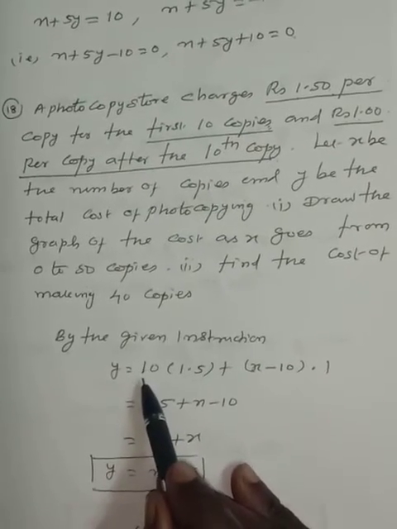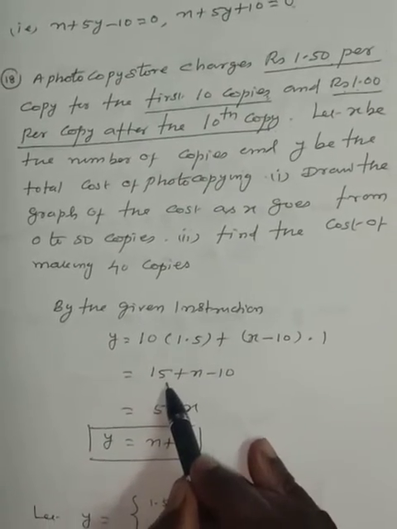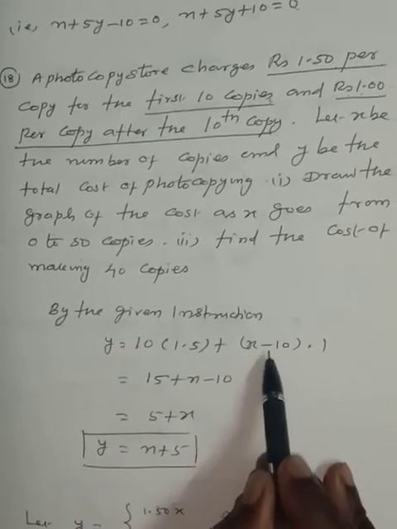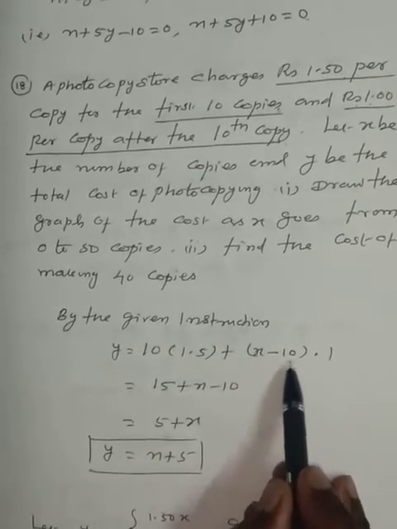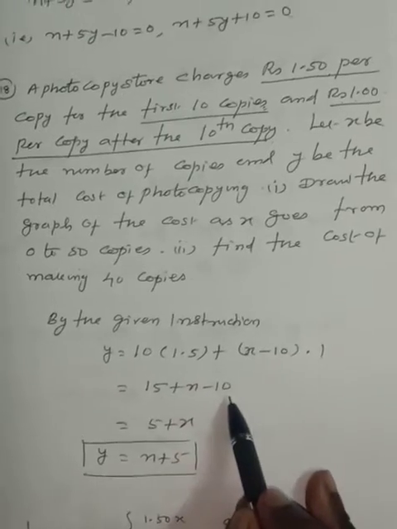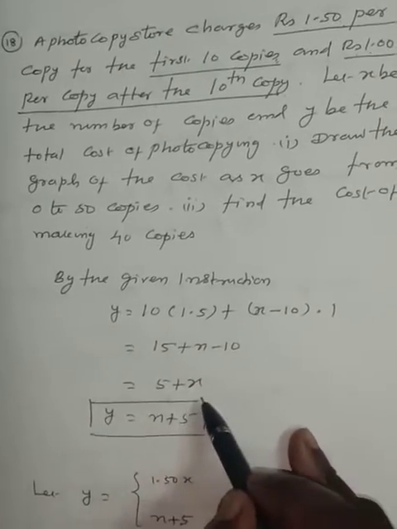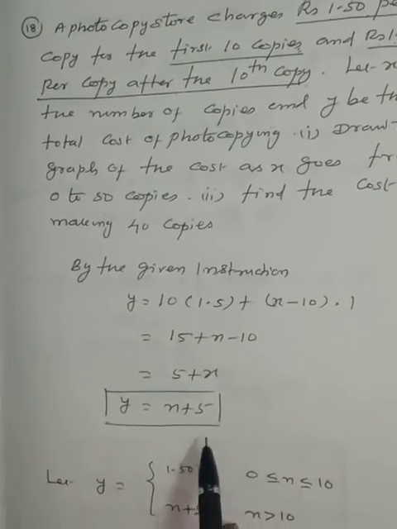Now 10 into 1.5 is 15, plus x minus 10 into 1 is x minus 10. Therefore 15 plus x minus 10 is 5 plus x. So y is equal to x plus 5.